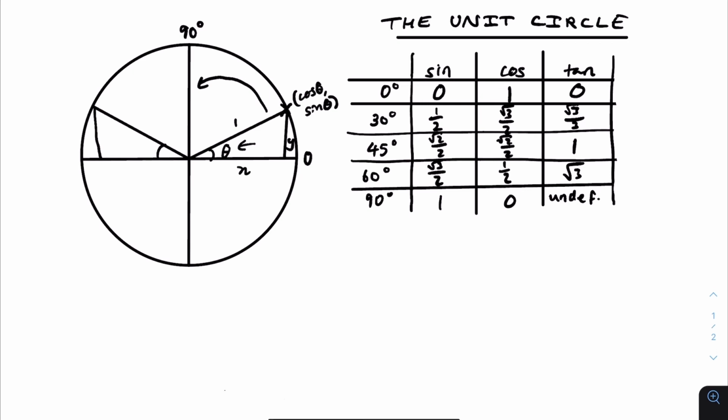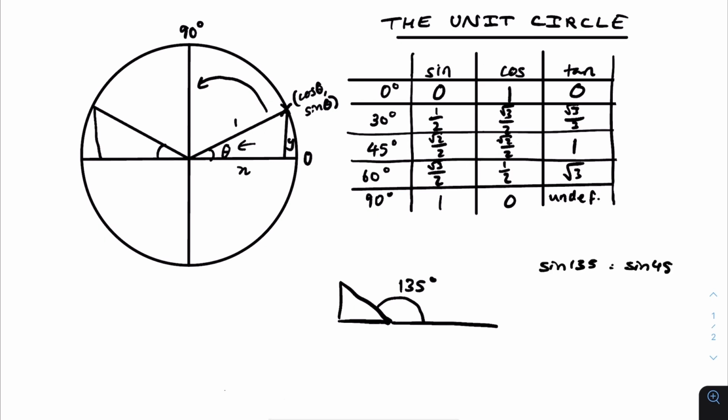So what I mean by that is that even though you have a triangle like this, the angle is actually all the way until 0 degrees. So that's 135 degrees, you go anti-clockwise. So given that this is 135 degrees, we can say that sine of 135 is equal to sine of 45.